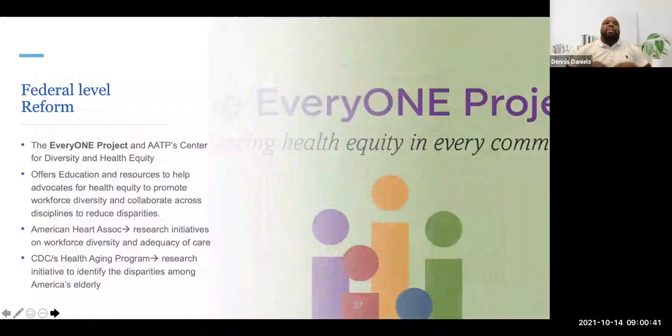So starting off by looking at the federal level, what are some things that have been done nationally to impact institutions and organizations, and of course, individuals in our society?